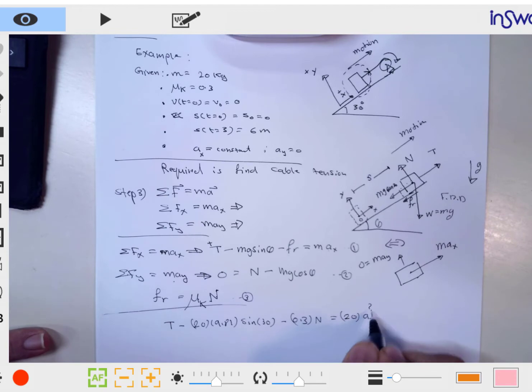So we have this is unknown, and this is still unknown, and we have another one that is unknown. Call it equation 1.